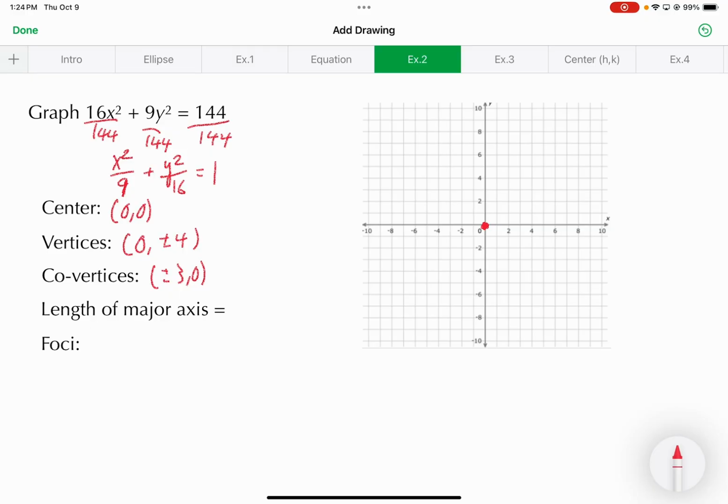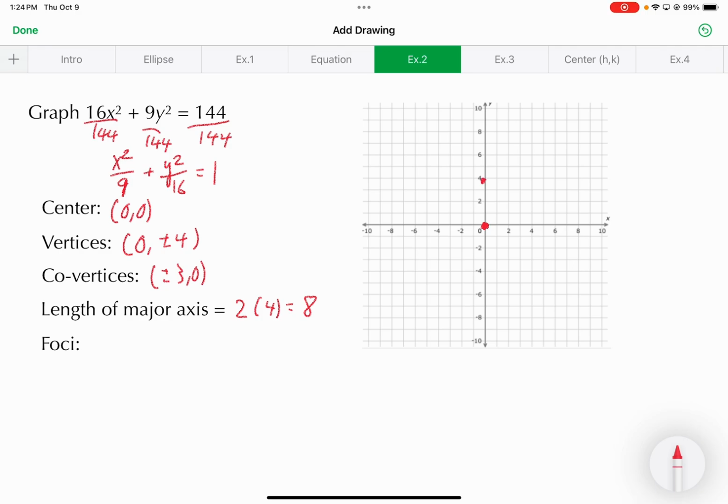All right, so what's the length of my major axis? It'll be 2 times my a value, right? So it's going to give me a length of 8. I'm going to have to find foci here in a second. Let's plot this, and then we'll plot our foci after that. My center's at 0, 0, and then my vertices are at 0, plus or minus 4.